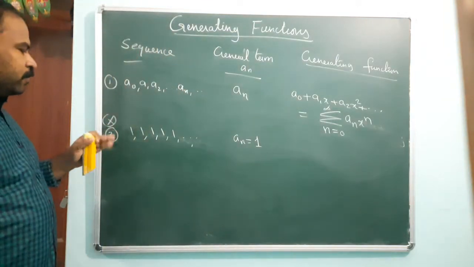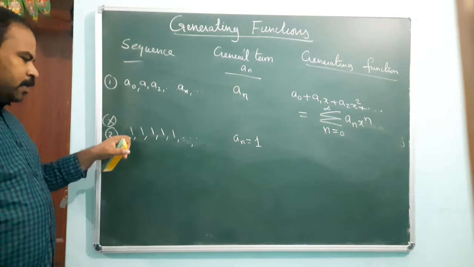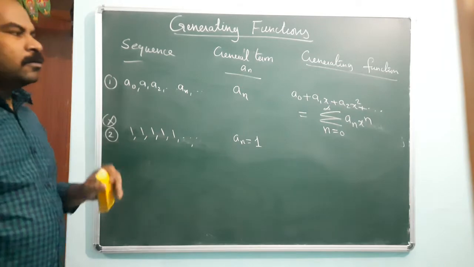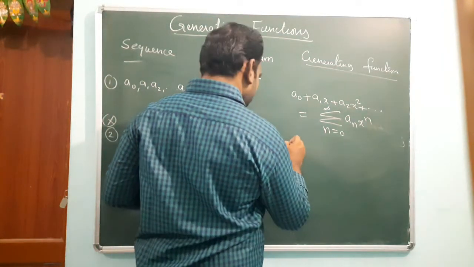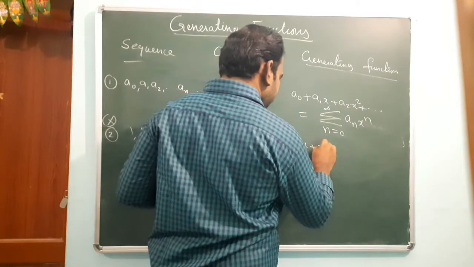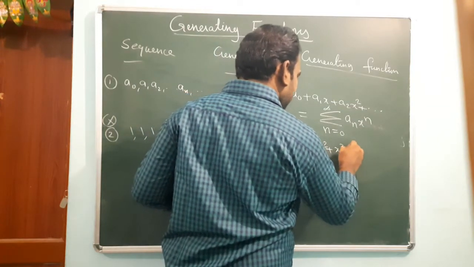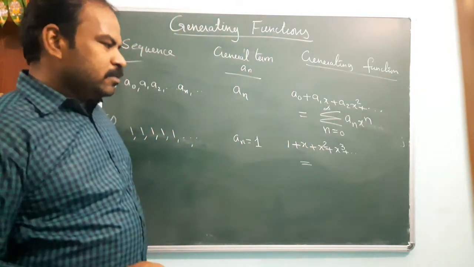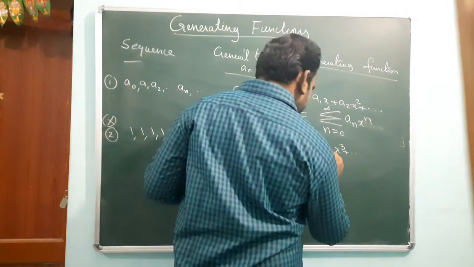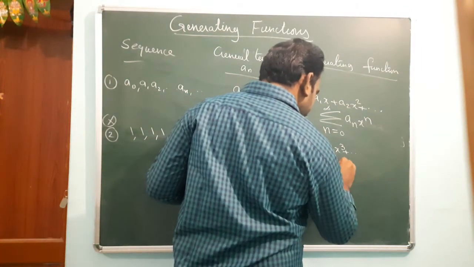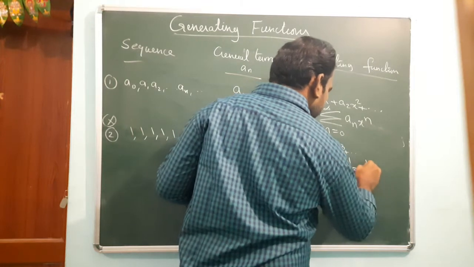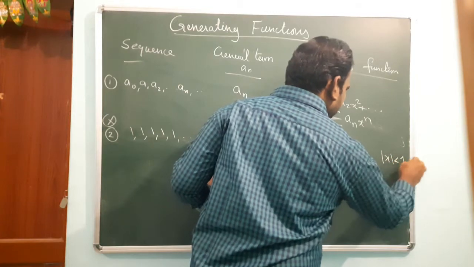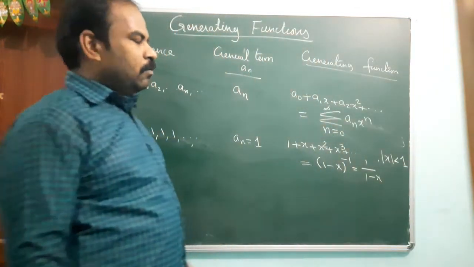Then what is the generative function? 1 plus 1 into x plus 1 into x square plus etc. We know that it is a well famous series, the geometric series, and its value is 1 minus x whole power minus 1, that is 1 by 1 minus x, where modulus value of x is less than 1.